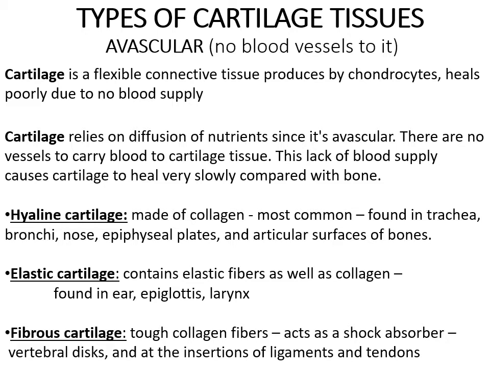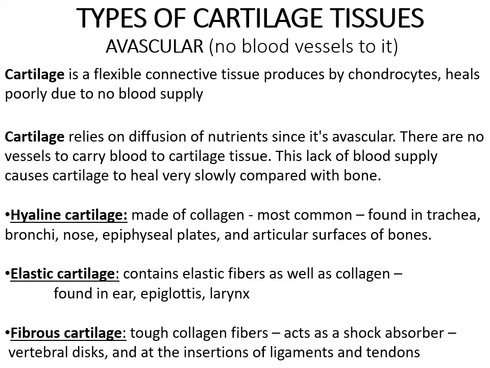The meniscus, the very strong fibrous cartilage that we find lying within joints, is made up of fibrous cartilage. The front part of your pelvic bone, the pelvic symphysis, where they meet anteriorly, is joined together by fibrous cartilage. So fibrous cartilage tends to be relatively immobile.